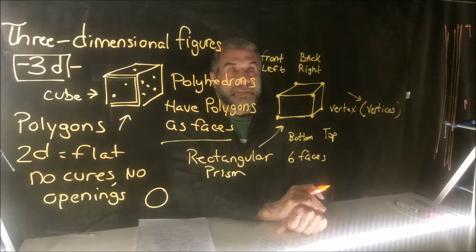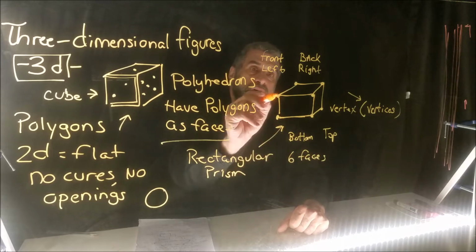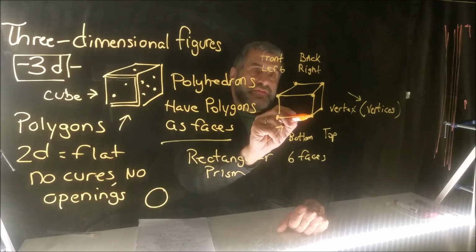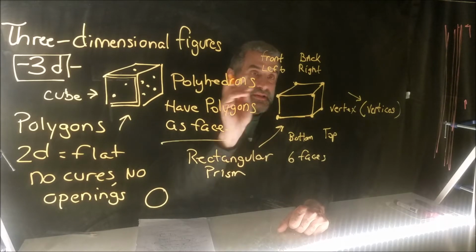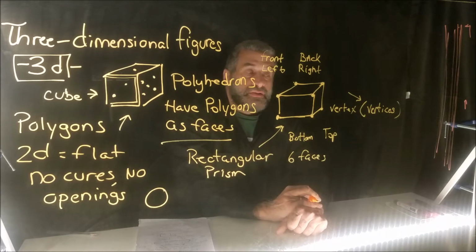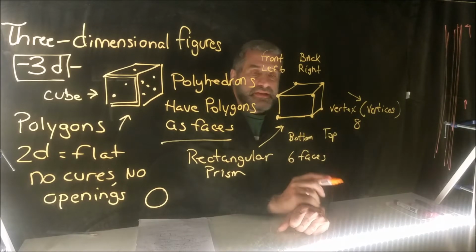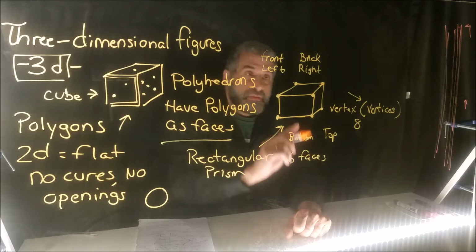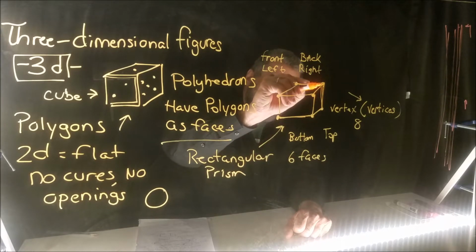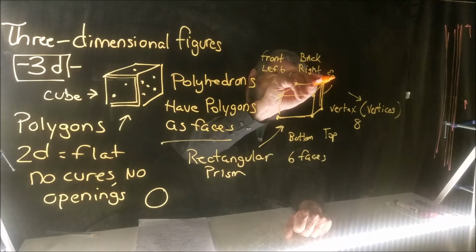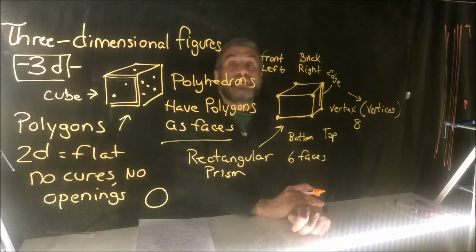How many do you think? Let's count. 1, 2, 3, 4, 5, 6, 7. And there's one you can't see. It's in the back. So there's 8 vertices, 6 faces. By the way, the lines that connect each vertex are called edges. Makes sense, right? The edge.